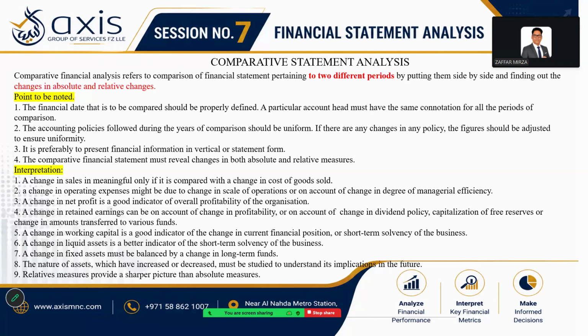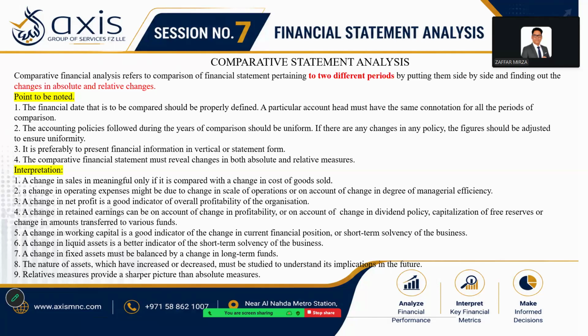It is preferable to present the financial information in vertical or statement form. Vertical or statement form, which we learned: sales minus cost of sales, gross profit plus non-operating income, operating profit minus operating expenses, non-operating expenses, the same format.